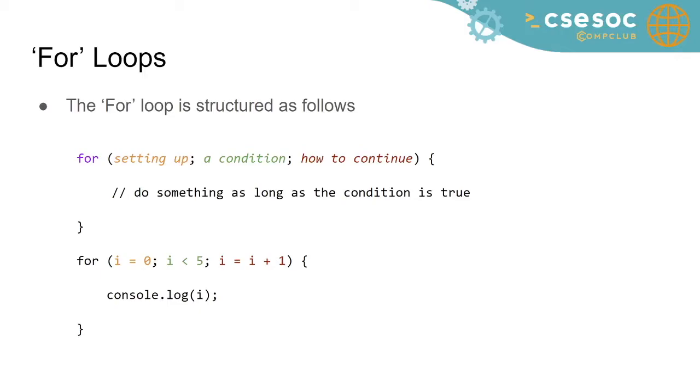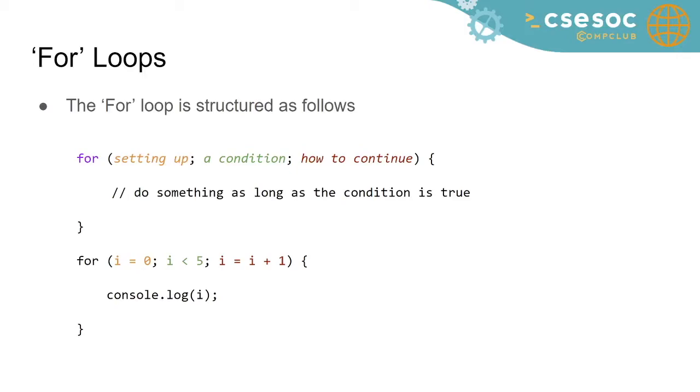Our first statement in yellow is the setting up. This is basically the initial condition in the loop. It's how we start off. The green is a condition. This is basically what Kenneth said in our last slide, the exit condition.